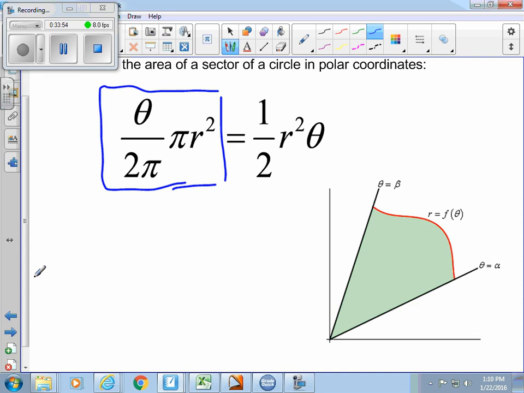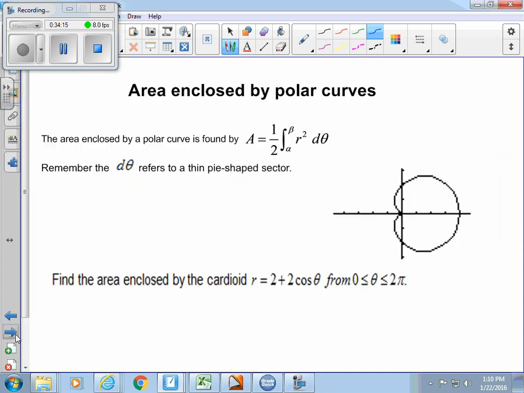squared times the angle. Well, if I want to find the area enclosed in a polar graph, I would want to take teeny tiny little pieces of circles, areas of sectors, and add them up. It may not be a circle all the way around, but for part of it, it will. Which gives me this formula.